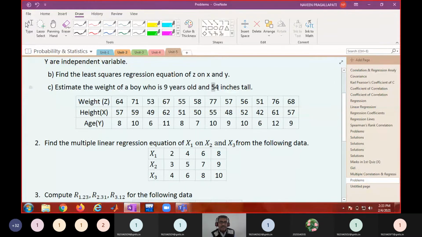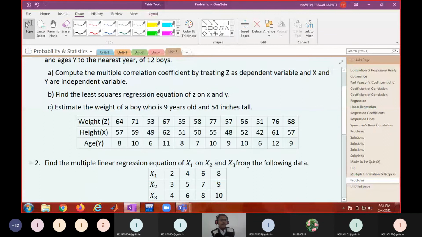But here 54 inches tall is not there. So for a 9-year-old boy 54 inches tall, what could be the weight? So data can be interdependent like this. Shall we proceed?